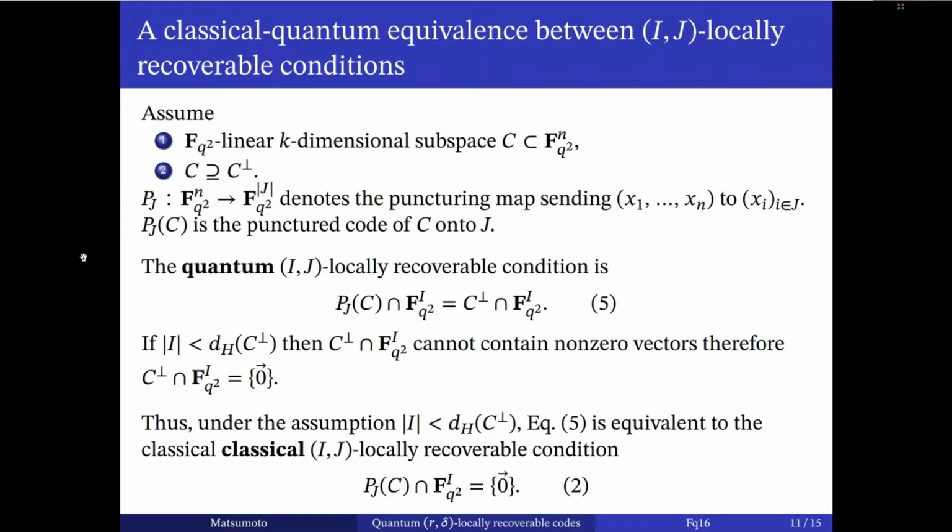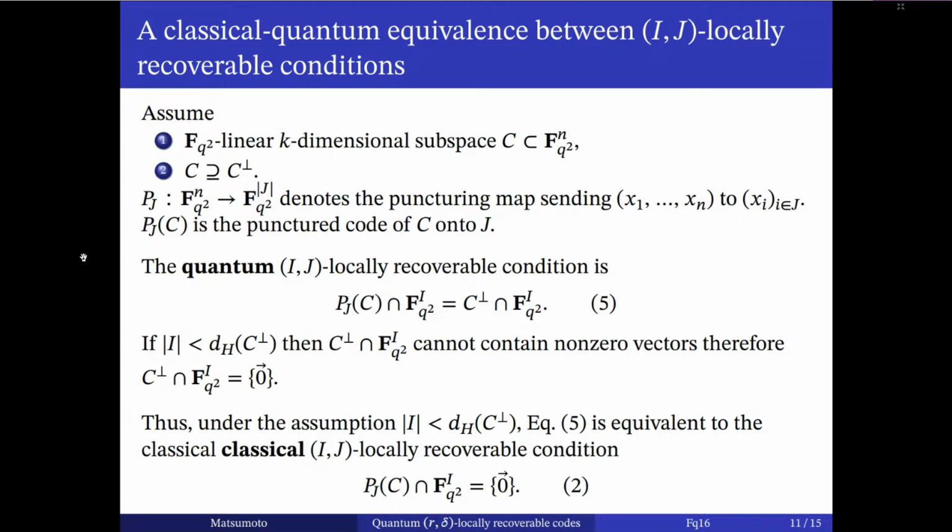So up to now we have shown that equation 5 is the quantum Ij locally recoverable condition, and equation 2 was the classical Ij locally recoverable condition.